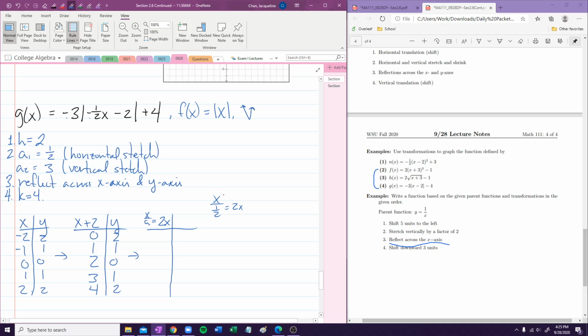Remember, multiply by the reciprocal. And then for my y, it is intuitive, so this is just 3y. So this is going to be 0, 2, 4, 6, 8. And then this one is going to be 6, 3, 0, 3, 6.